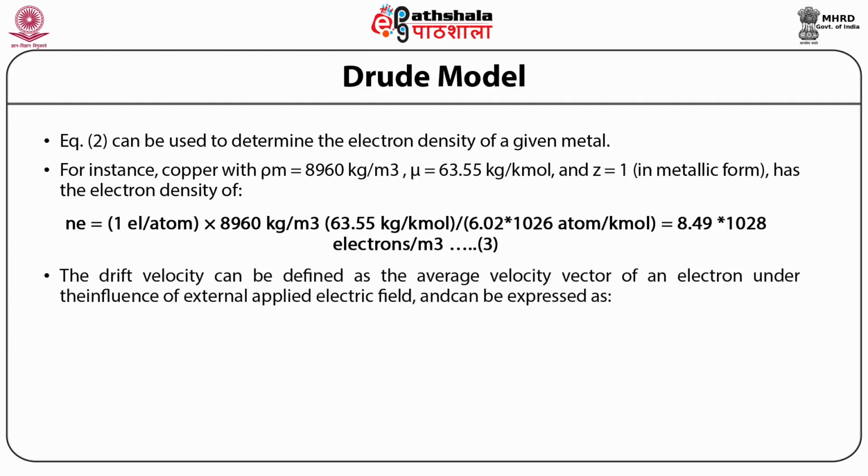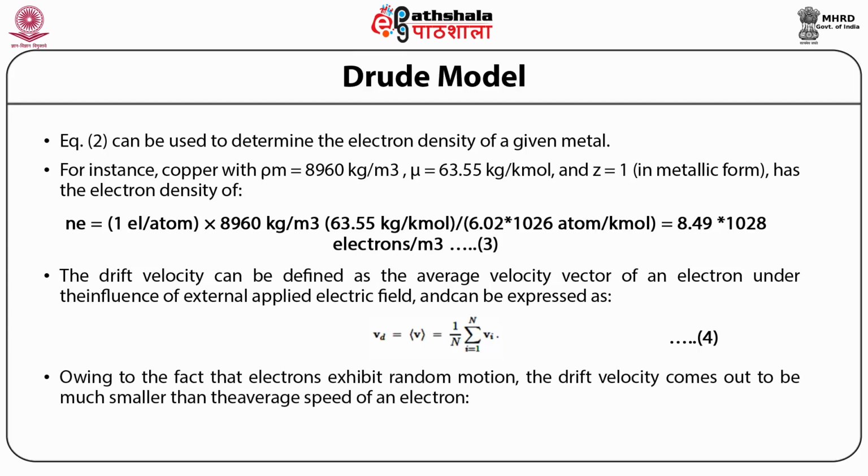The drift velocity can be defined as the average velocity vector of an electron under the influence of an external applied electric field, and can be expressed as drift velocity is equal to 1 by n multiplied by sigma of vi. This is represented as equation 4.